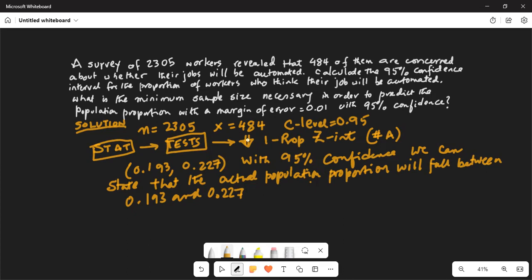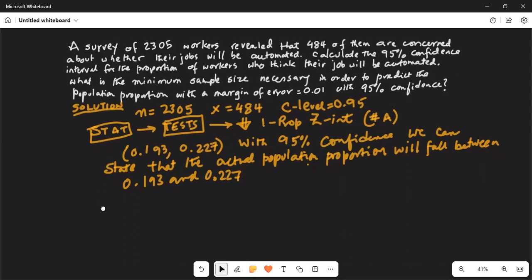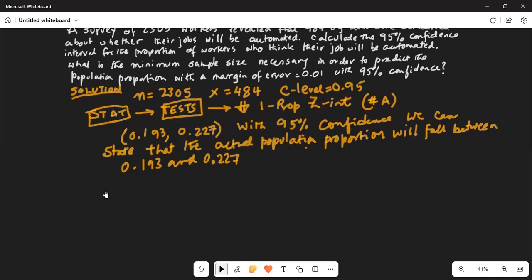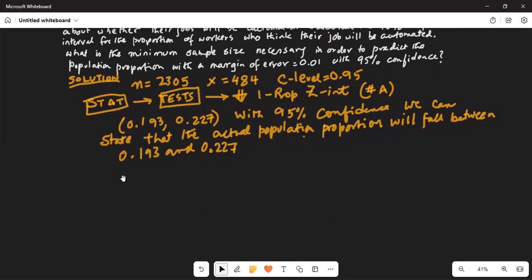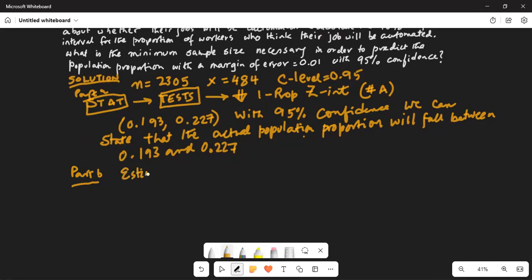Now let's create some space to do part B. This was part A. Part B is estimate the minimum sample size.